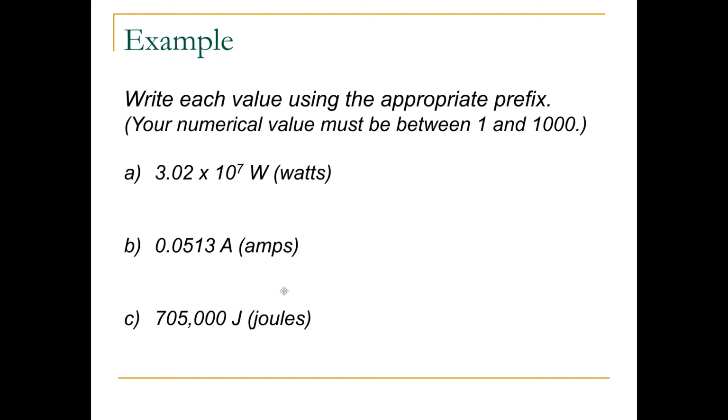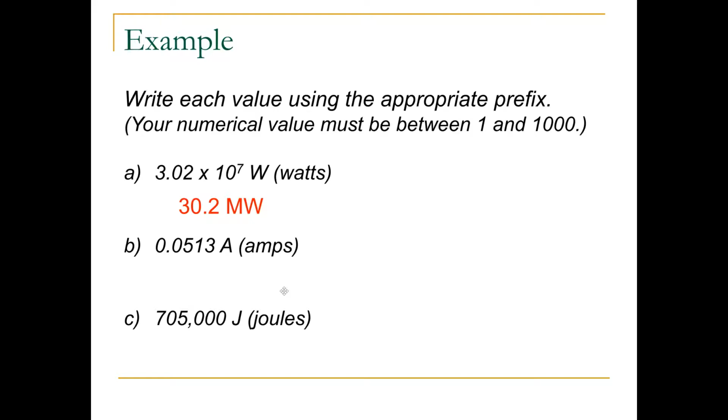So if we were to take out one of those tens, we'd have 10 to the 6, and we do have a prefix for 10 to the 6. But we can't just take out a 10 and have it disappear. So we have it multiply by that number out front, the 3.02. So we have 3.02 times 10, so it becomes 30.2. And then we're left with times 10 to the 6, which we can write as megawatts.